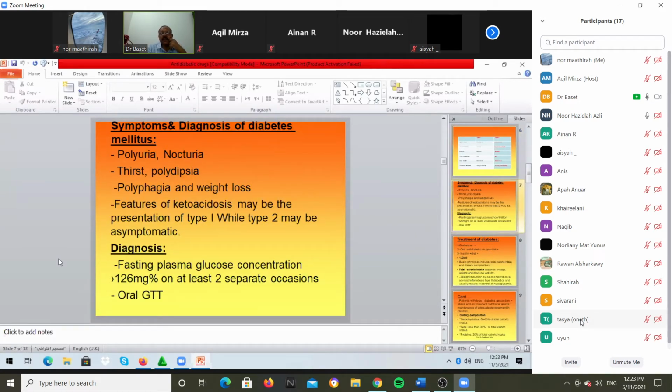This is in general the symptoms and the method to diagnose diabetes easily. The symptoms include polyuria, nocturia, polydipsia first, polyphagia, and weight loss.